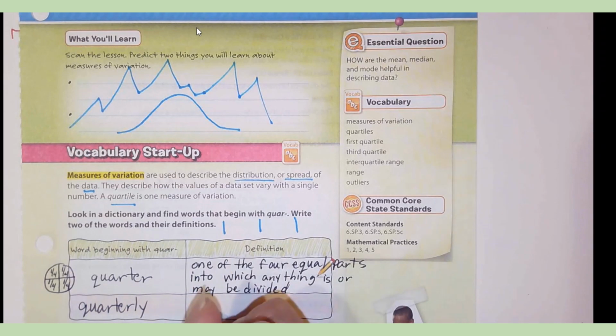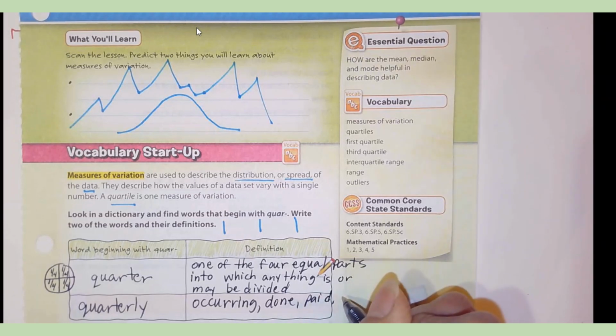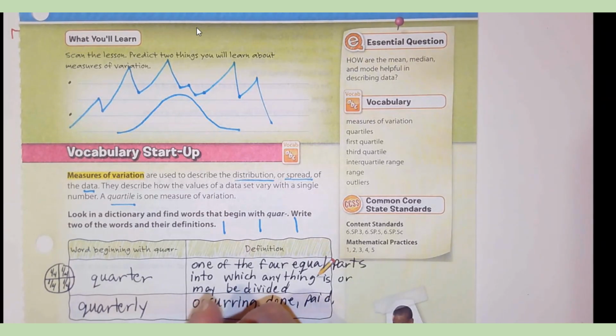Now, quarterly means occurring, done, or paid at the end of every quarter year. So if we say every quarter year, how do you divide a year into 4?